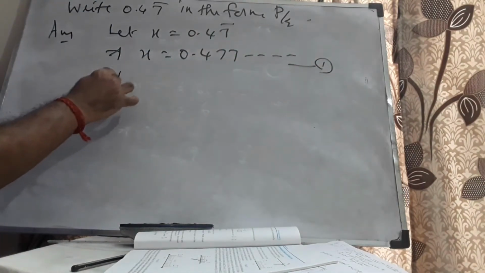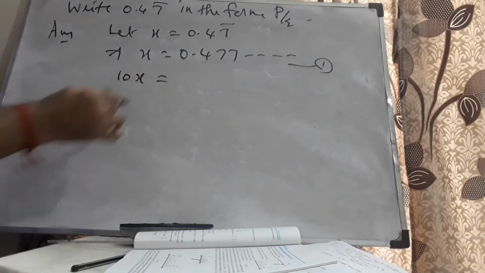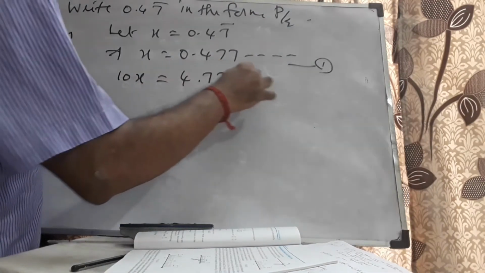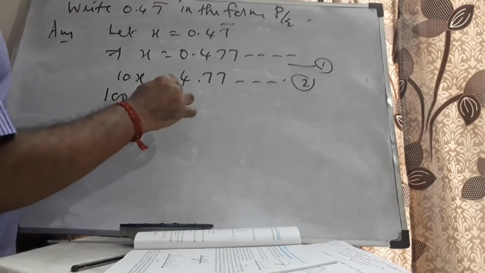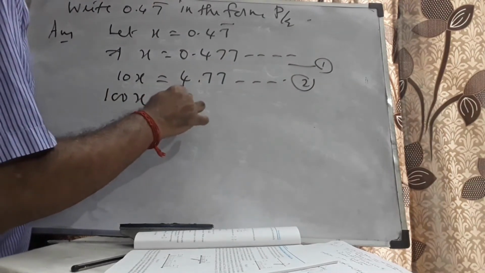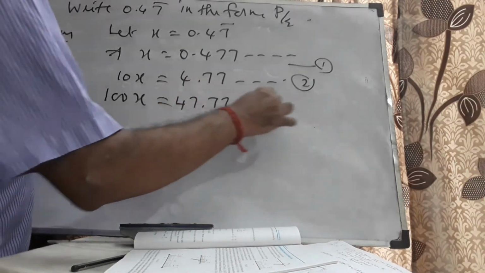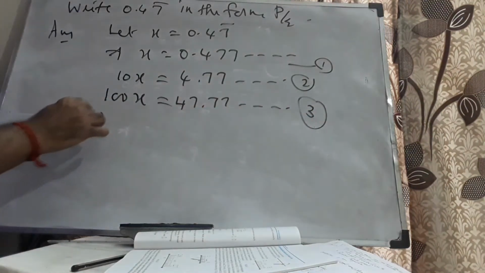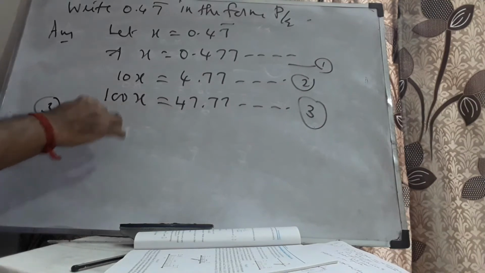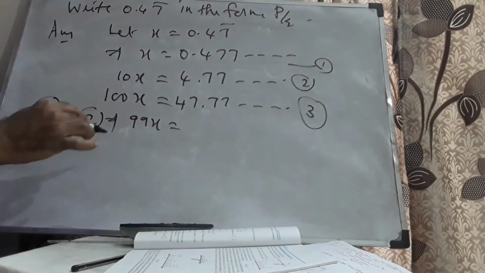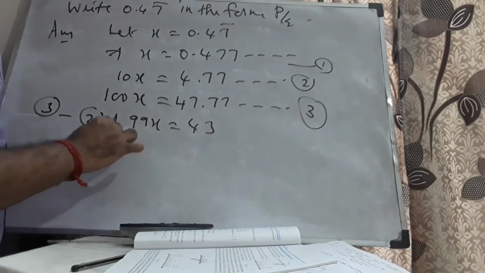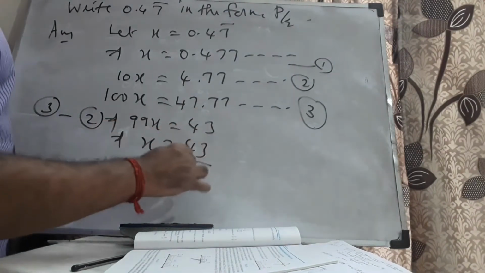I'll multiply 10 with this, which will become 4.777, etc. Name this as 2. Again multiply 100 with this, I will get 47.777, etc. Now subtract equation 2 from 3. I'll get 99x equal to this, the 777 decimal part will go off, 43.